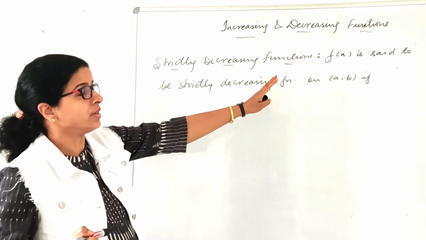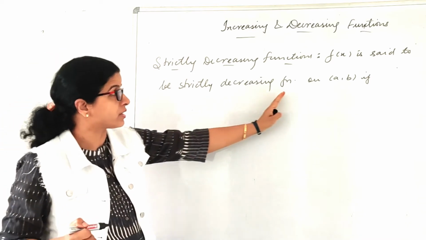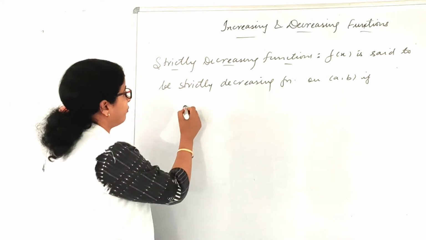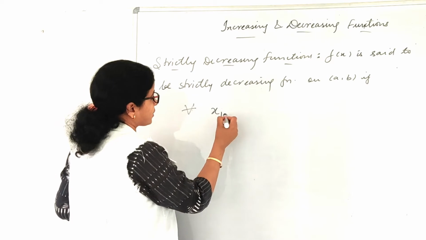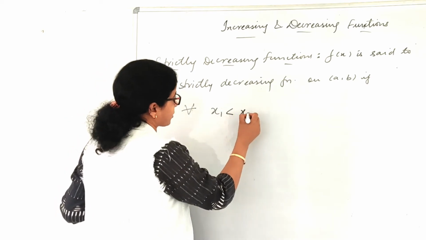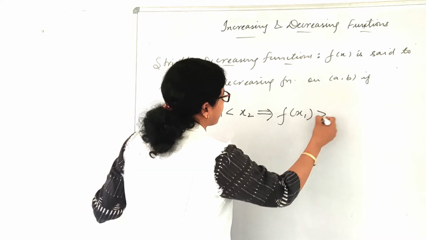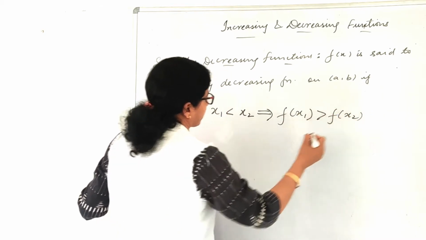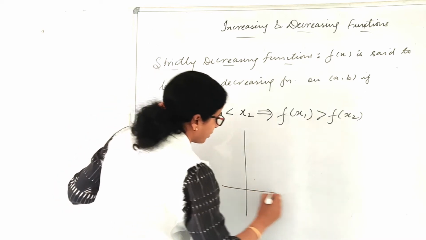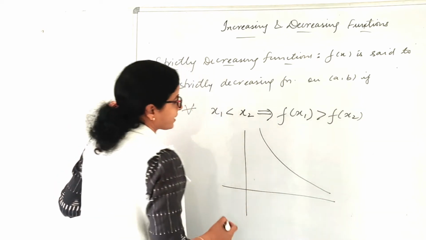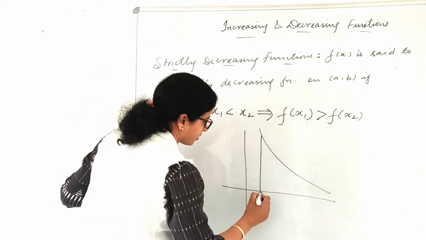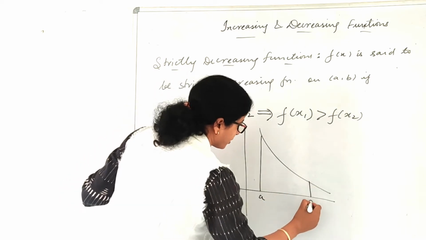Strictly decreasing function: f(x) is said to be a strictly decreasing function on (a, b) if for all x1 less than x2 implies f(x1) is greater than f(x2). So let us have a look at the graph part. Say for example, this is my function, this is a, this is b.